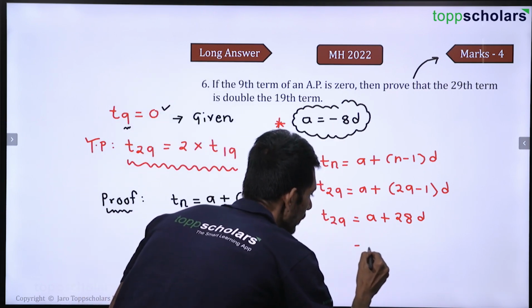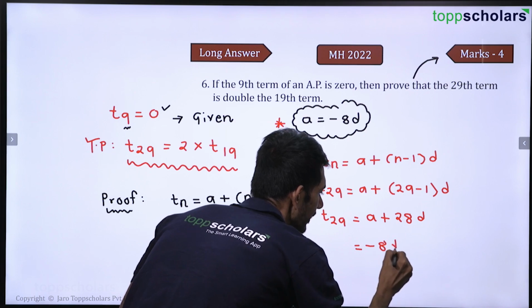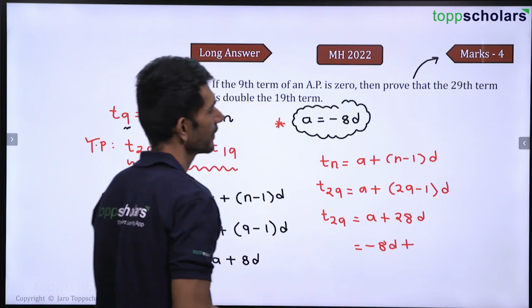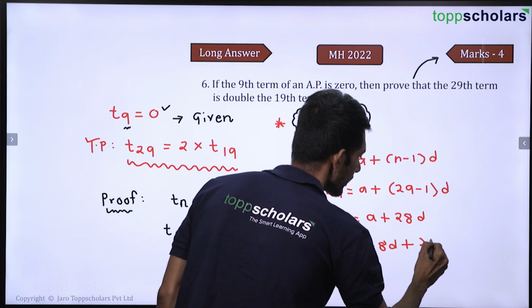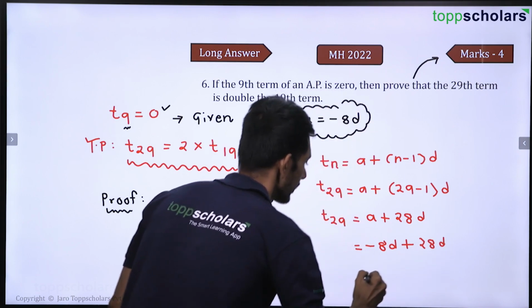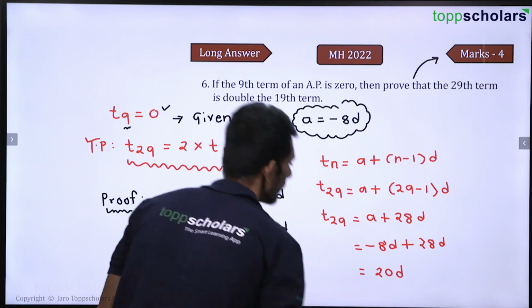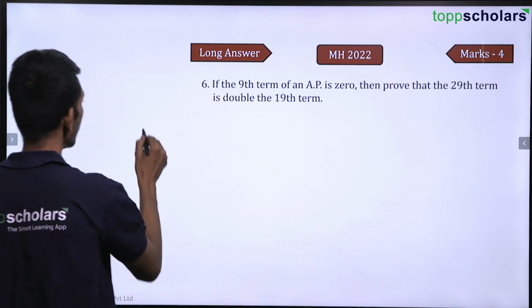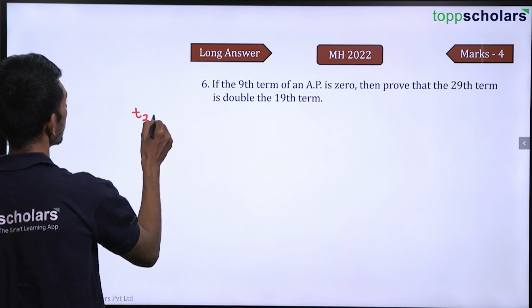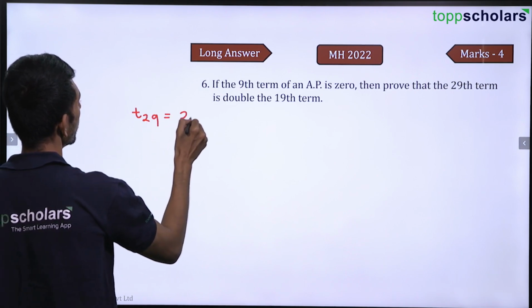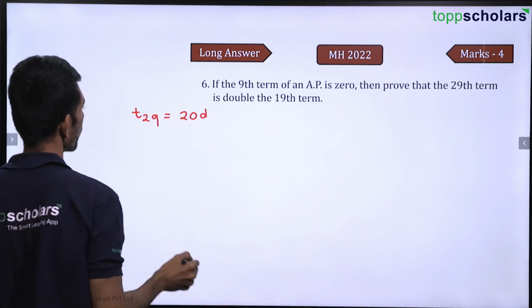So that is equal to minus 8D plus 28D. So that is equal to 20D. So what did I get? I got T29 is equal to 20D.